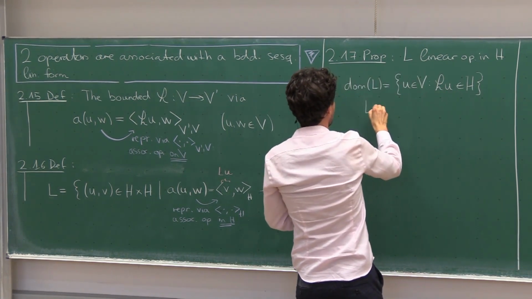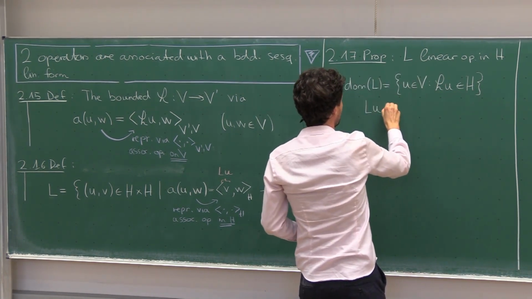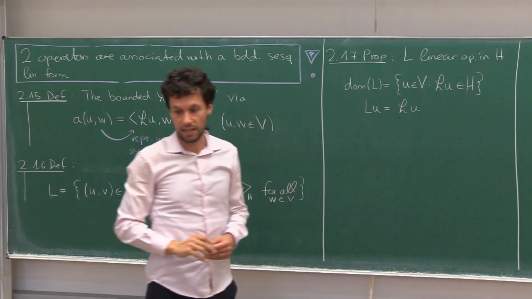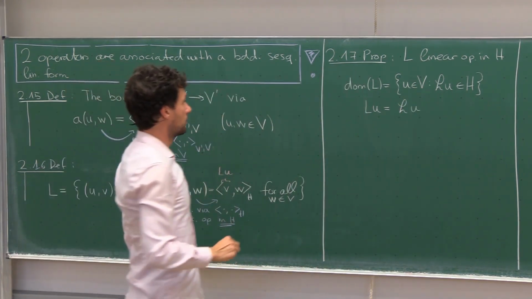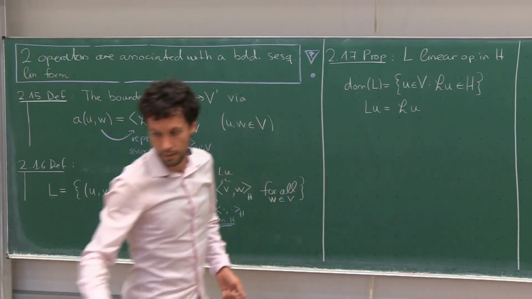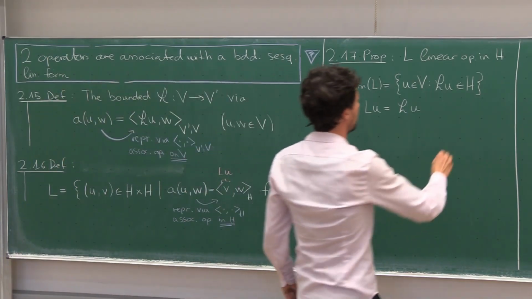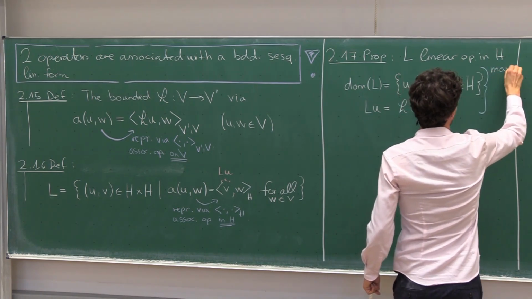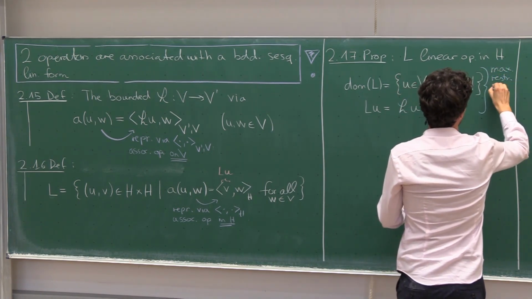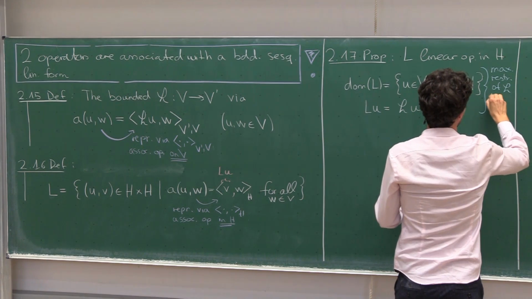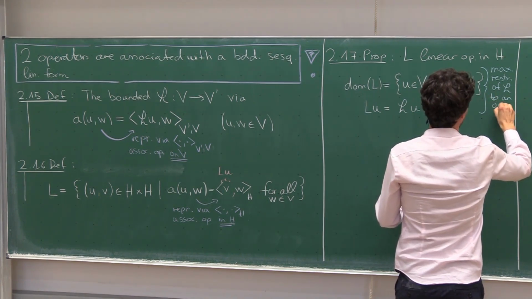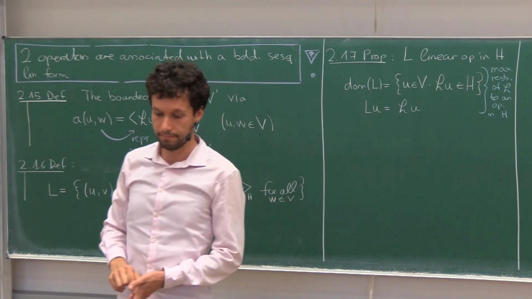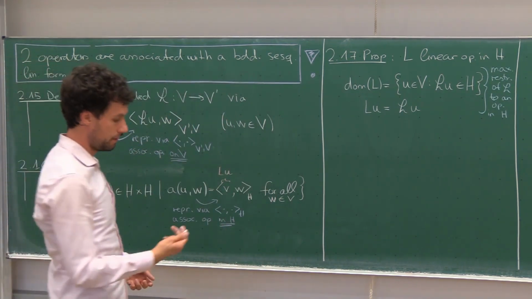And the action is consistent, so if U is in the domain of L, then the two operators do the same thing. Okay, and so these two things together mean that it's the maximal restriction of script L to an operator in H. So that's the relationship.